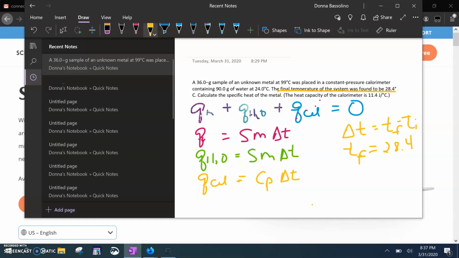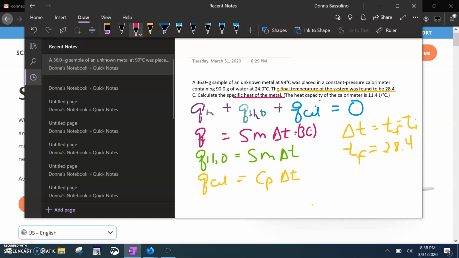So in the first case, you have 36 grams times the specific heat of the metal.